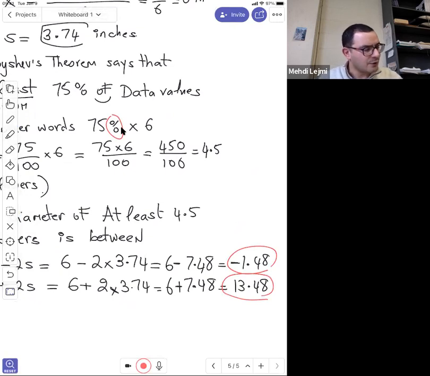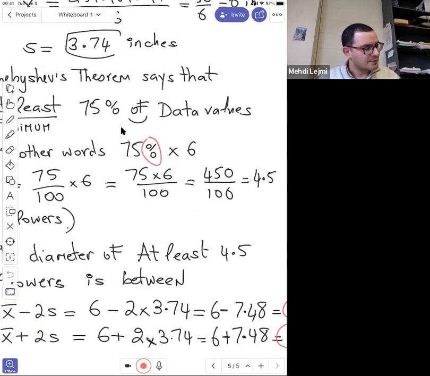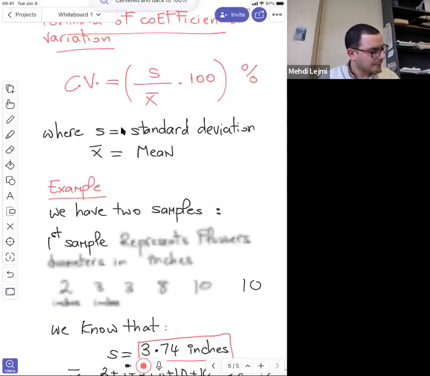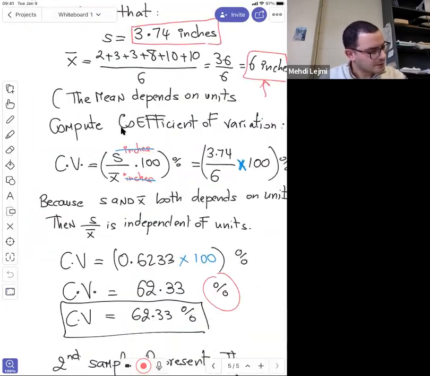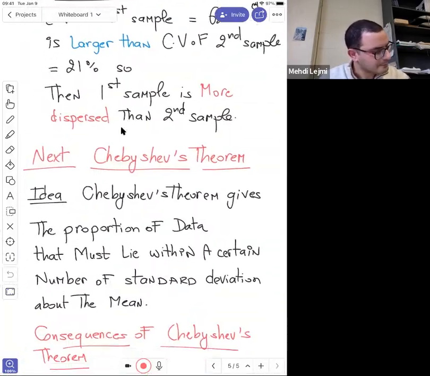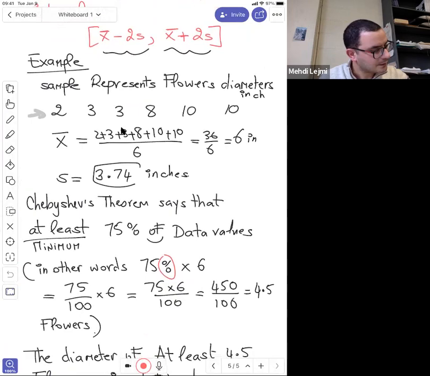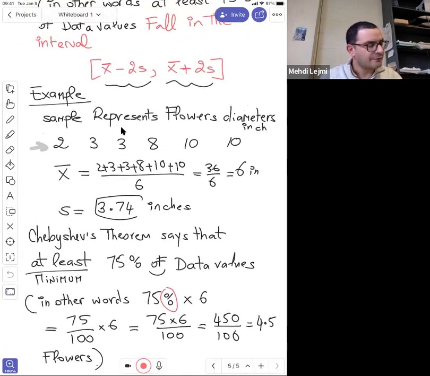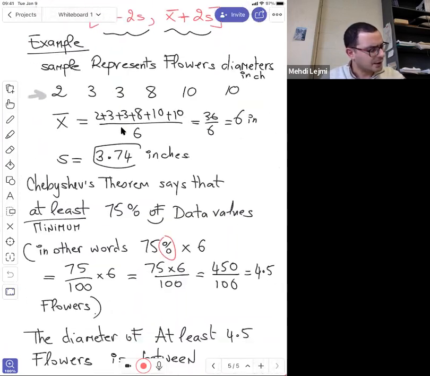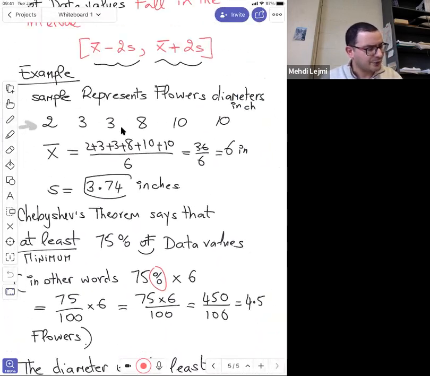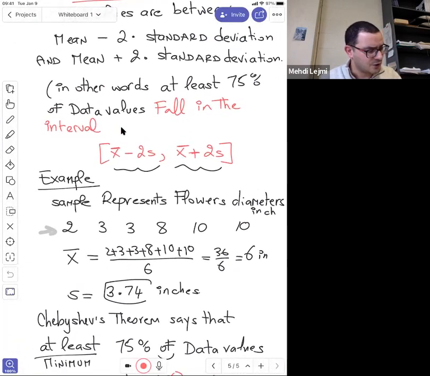How many flowers have their diameter between negative 1.48 and 13.48 inches?